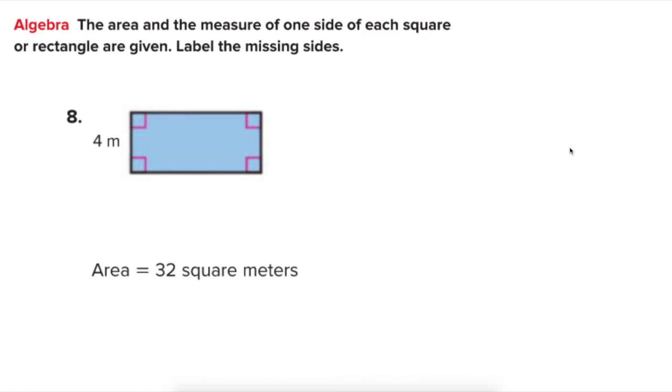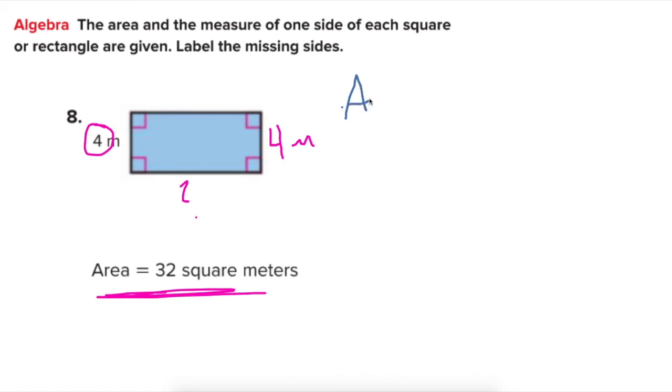So here I do have my 4, and I have my area is 32. Now that means that I have this missing side, this length, because it's the longer one. I know that this other side is going to be 4 because it's a rectangle. Now let's break that up into our formula.